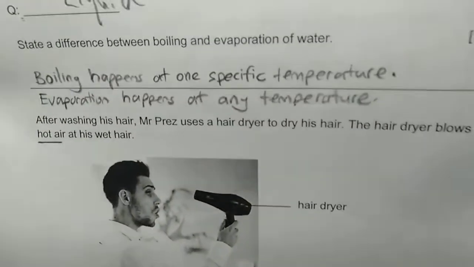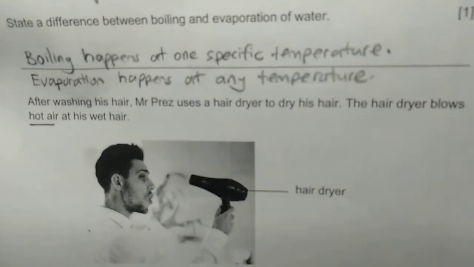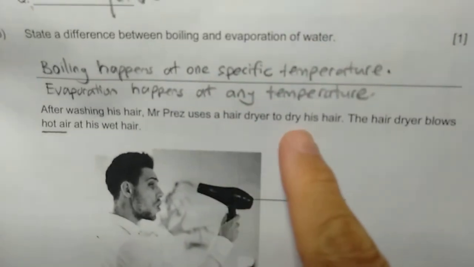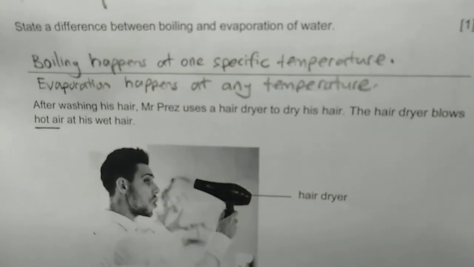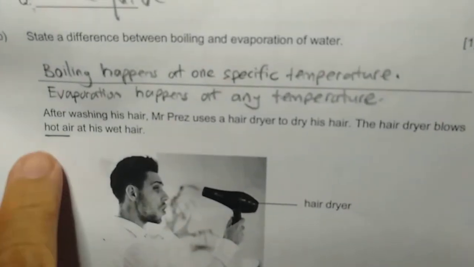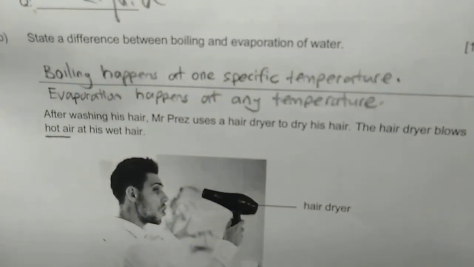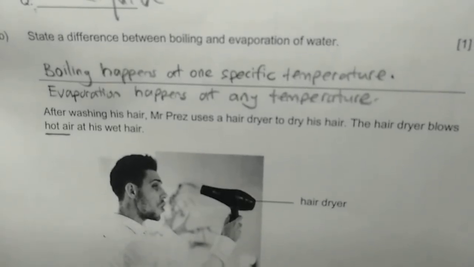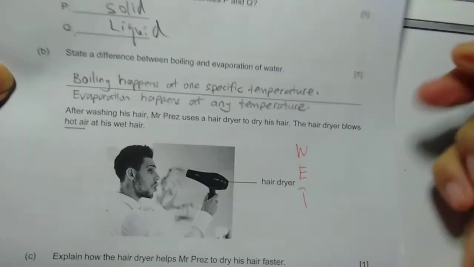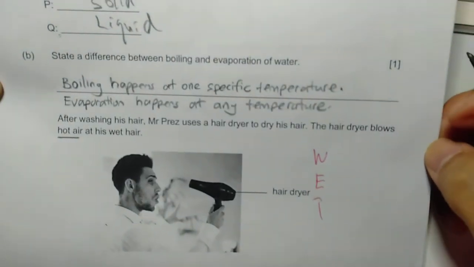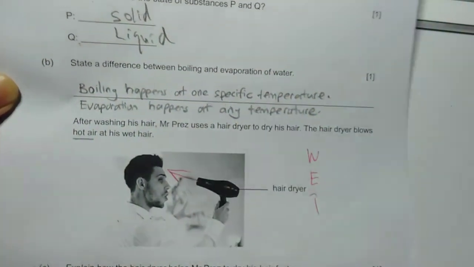After washing his hair, this Mr. Press, very stylo, uses a hairdryer to dry his hair. The hairdryer blows hot air at his wet hair. So you see the clue here, hot air, and it is a moving air, so it's wind. Remember our WET factors that affect the rate of evaporation. So here is blowing air towards his hair, right?